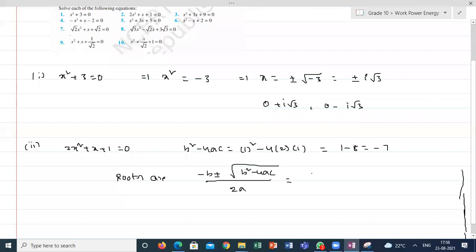This is minus 1 plus or minus root of minus 7 divided by 2 into 2. So minus 1 plus or minus I root 7 by 4. So the roots are minus 1 plus I root 7 by 4, minus 1 minus I root 7 by 4.